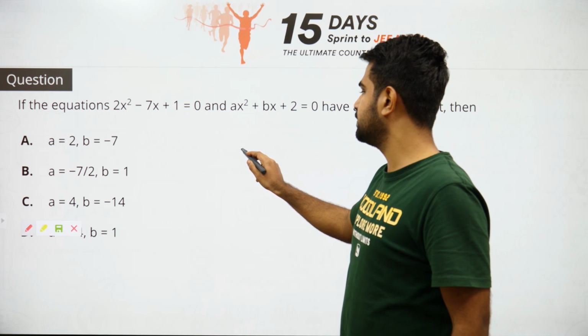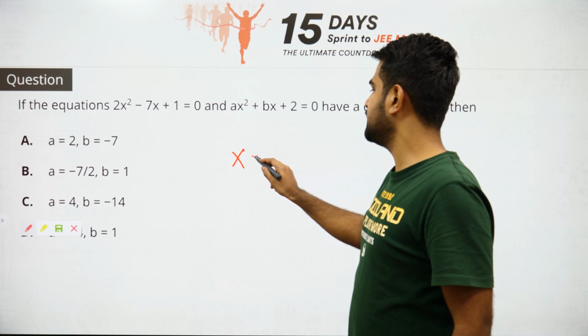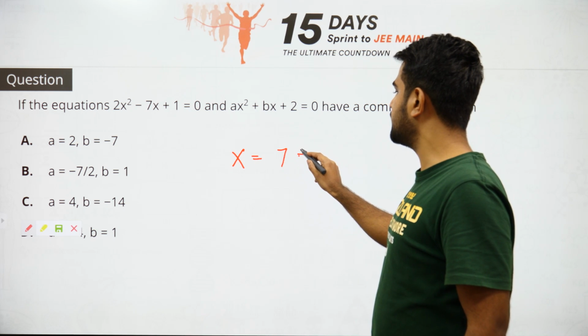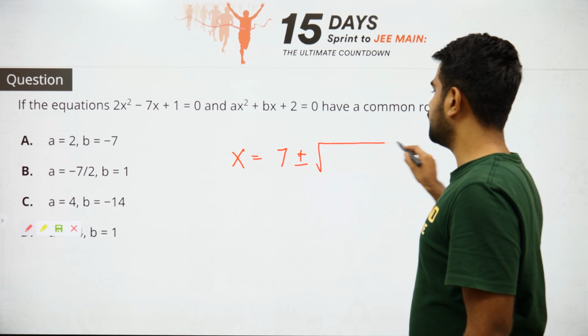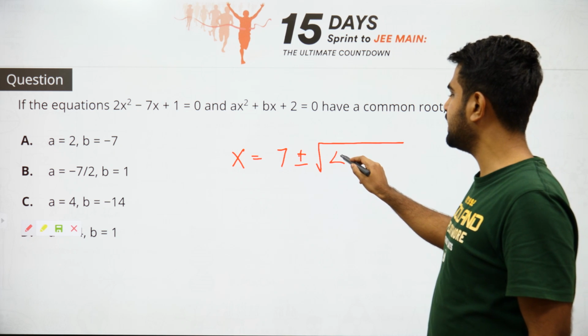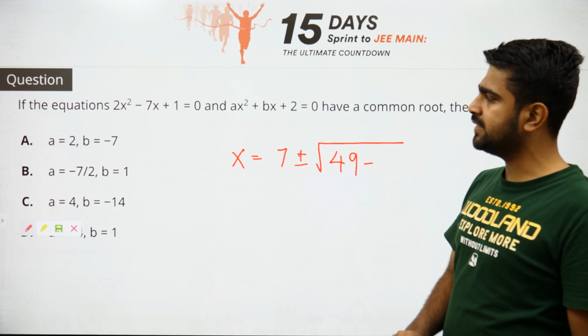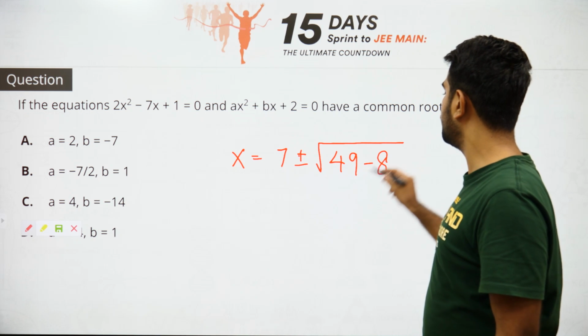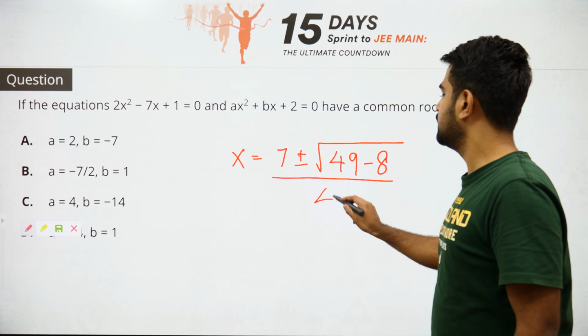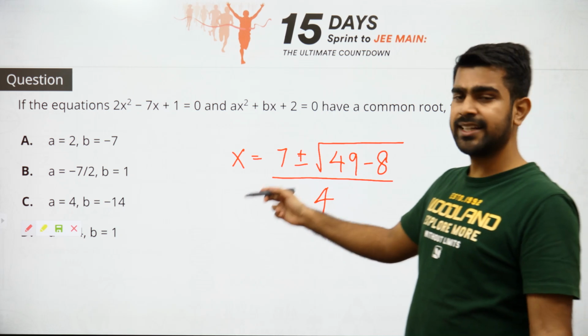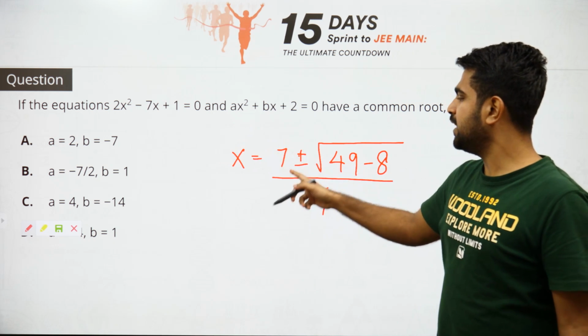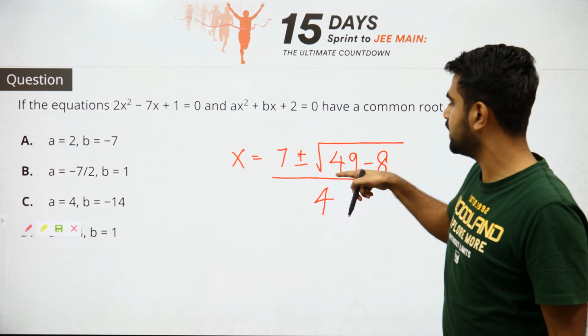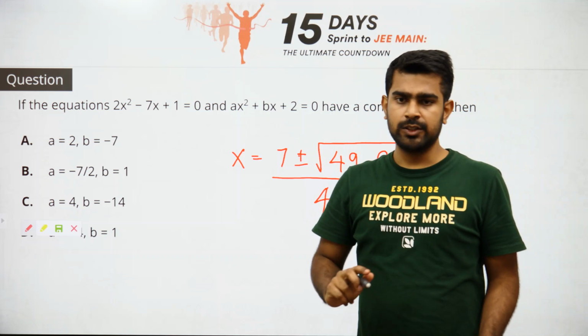My roots are going to be x is equal to minus b plus or minus square root of b square minus 4ac, by 2a. Is that correct guys? So that should be right.